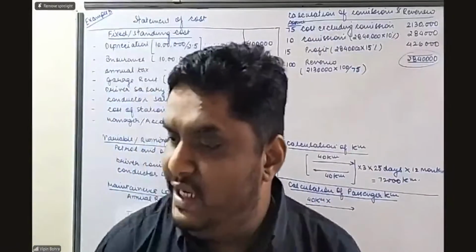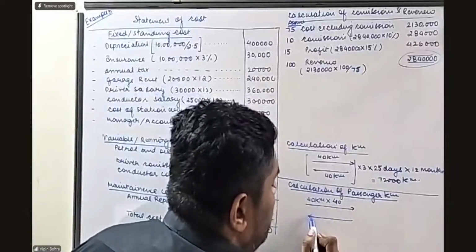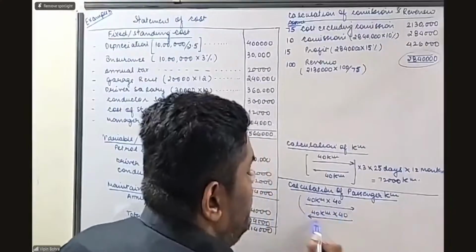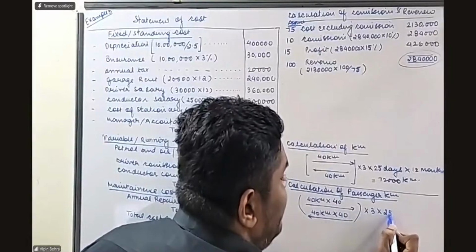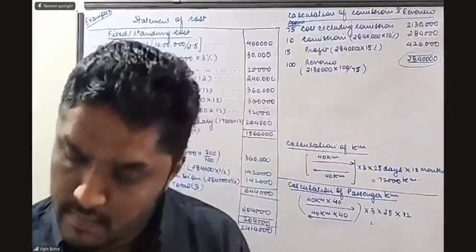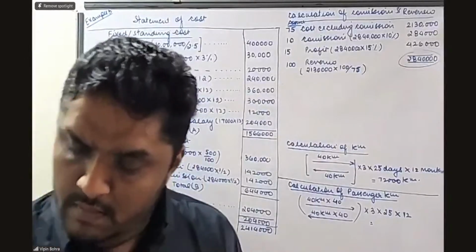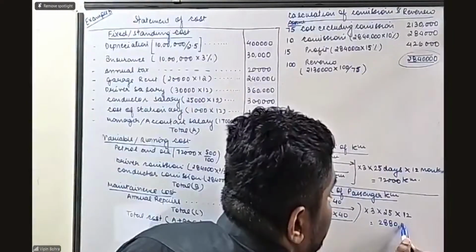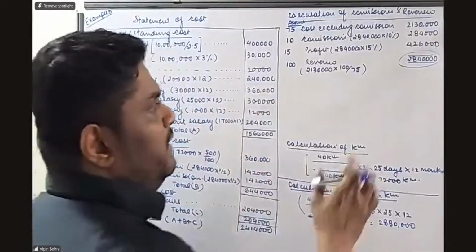It is given straight away 40 passengers. So into 40, in the return also 40 kilometers with how many passengers? 40 into how many days? How many trips? 3 trips into 25 days in a month into 12 months in a year. So this will be 28 lakh 80,000. This is my total passenger kilometer.